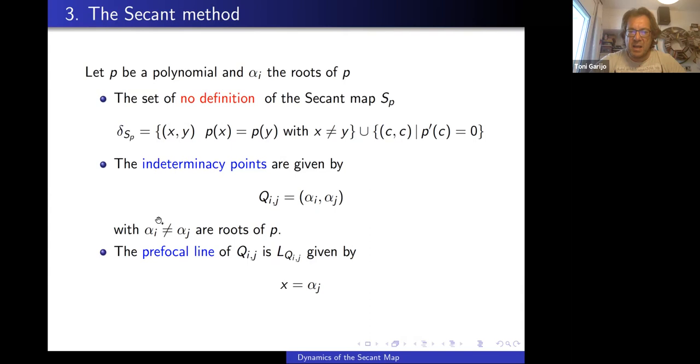If alpha are the roots of P, the indeterminacy points have components equal to the roots of the polynomial. You can choose and you obtain these indeterminacy points. And the prefocal line is just a vertical line with the second component. This is because of the expression of the secant map.